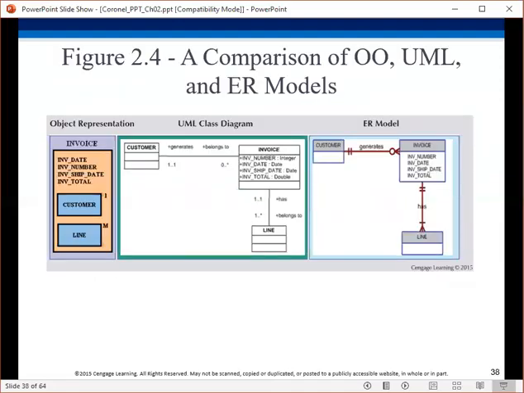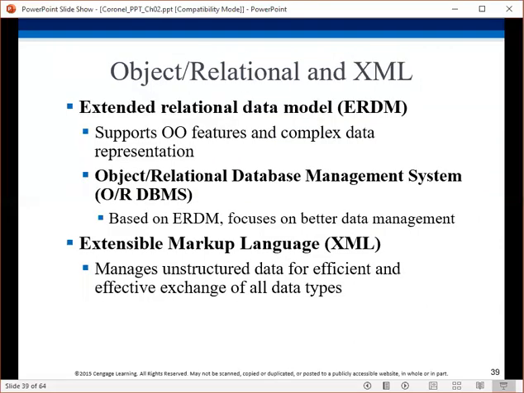And UML class diagram, one of the things that did become widespread. Obviously object-oriented programming became widespread, but with regard to databases, some of the class diagram notation became integrated in with the entity relationship modeling notation. And then you had object relational and XML.